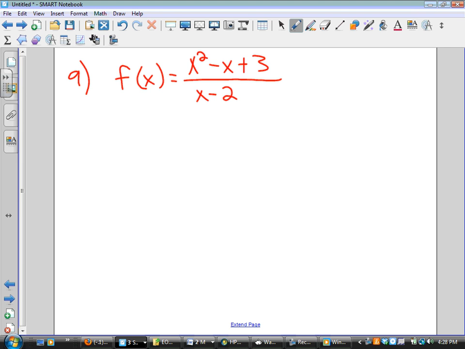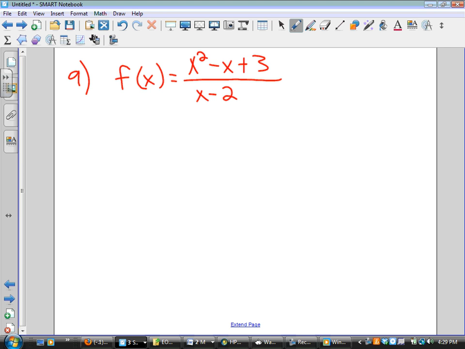But before we do that, let's look to see if either the numerator or denominator is factorable. Looking at the numerator, it looks to me like it is not factorable. I can't think of any numbers that multiply to be 3 that add to be -1. So I don't think that's going to factor, so we're safe.